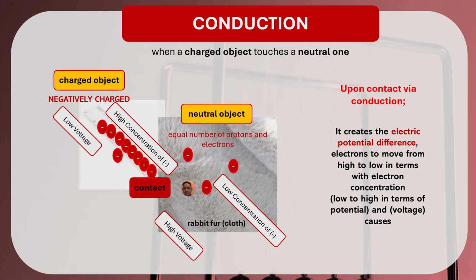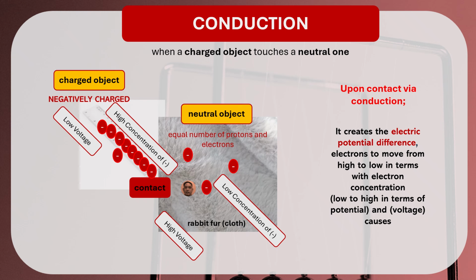This is the same thing I said in my previous video about triboelectric charging, or friction charging. Again, electrons move from high concentration to low concentration, or if you concentrate on the voltage, or electric potential difference, from low voltage to high voltage.